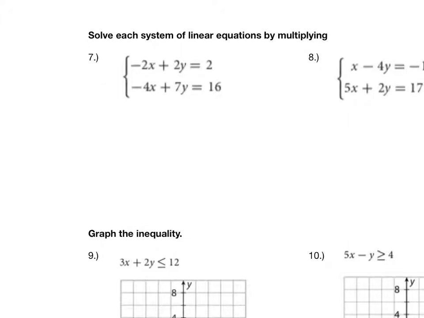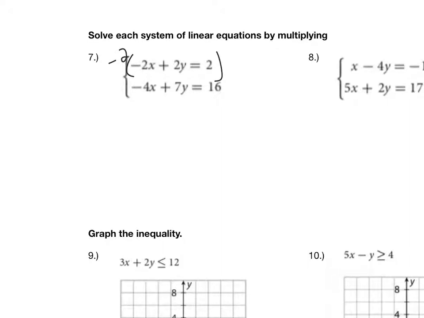So now we're going to solve these by multiplying first. We're going to have to multiply first. If we look at this, it looks like the easiest thing I'd be able to do is change this to a positive 4x. Because what would happen if I change that to a positive 4x? Positive 4x minus 4x, that would cancel out. Let's do that. So how would I change this to a positive 4x? I would need to multiply the entire top equation by negative 2.